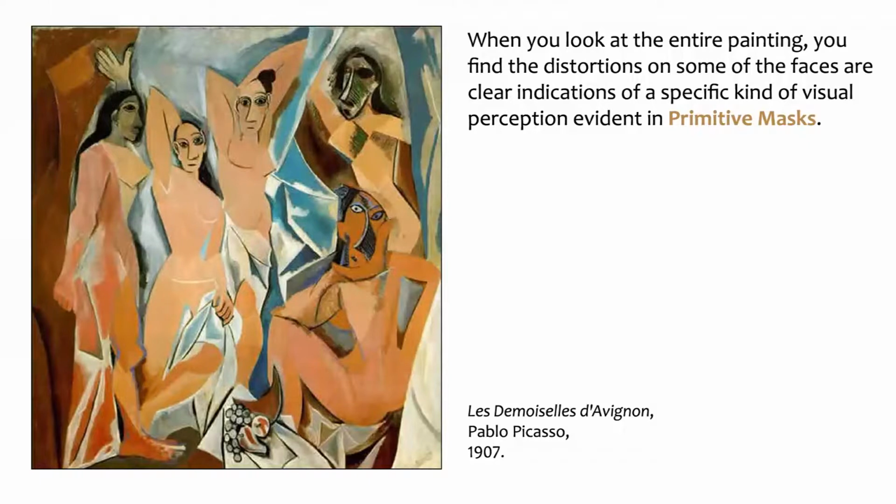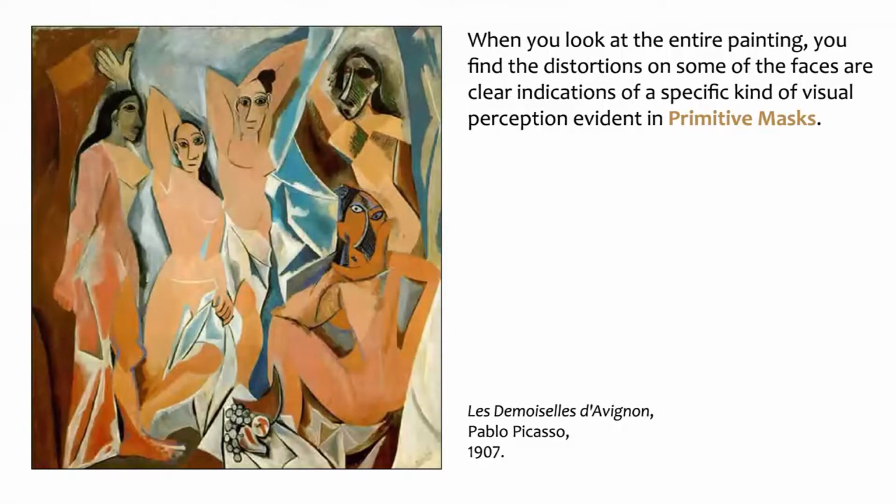Particularly when you look at this whole painting called Les Demoiselles d'Avignon, the famous and the first Cubist painting painted by Pablo Picasso in 1907, and when you look at the entire painting, you find that the distortions on some of these faces are clear indications of a very specific kind of visual perception evident in primitive masks. In some figures in this painting, you can see the style is evidently Picasso's own style.